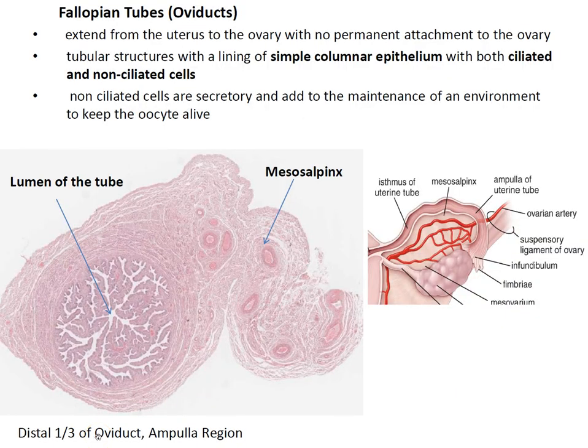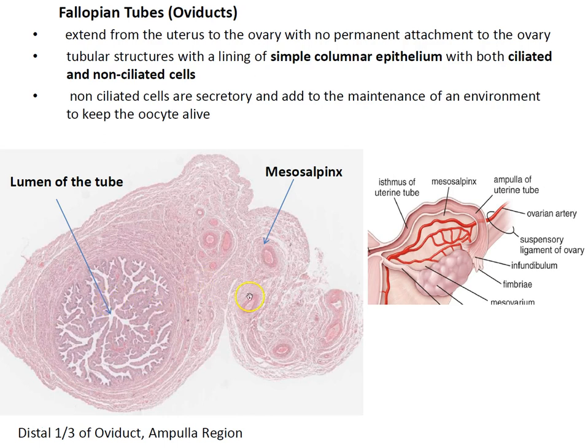Now let's look at the structure of the oviducts or fallopian tubes. These are paired tubes that extend bilaterally from the uterus towards the ovary with no permanent attachment to the ovary. The mucosal lining is simple columnar epithelium with both ciliated and non-ciliated cells. You're going to look at this structure in the histology lab in more detail.